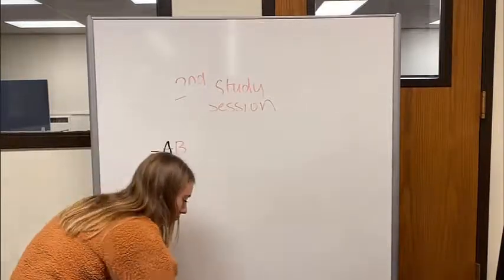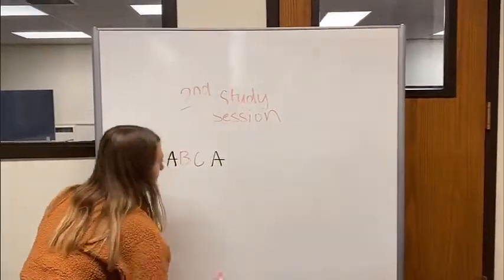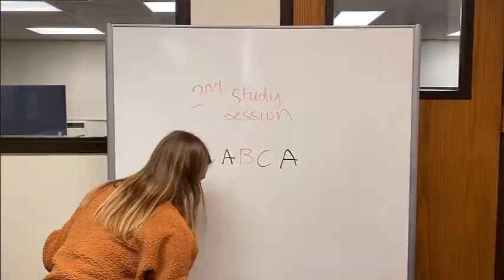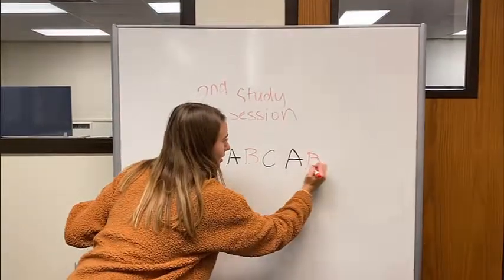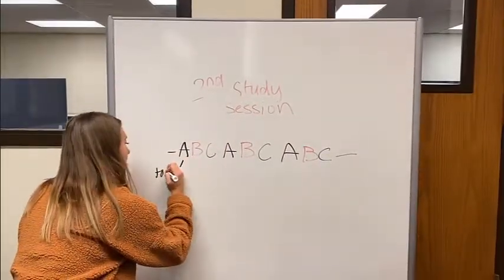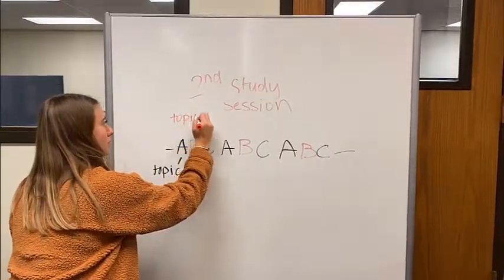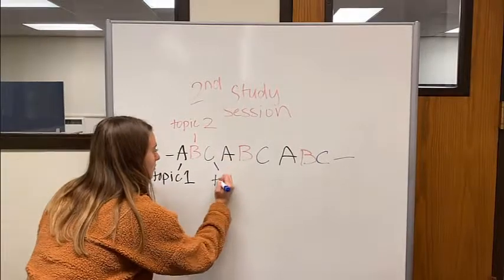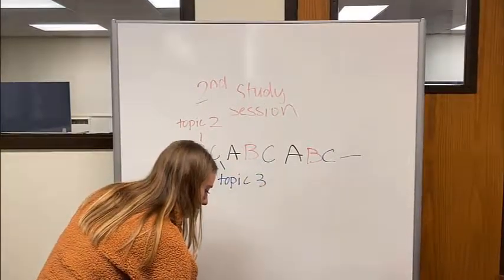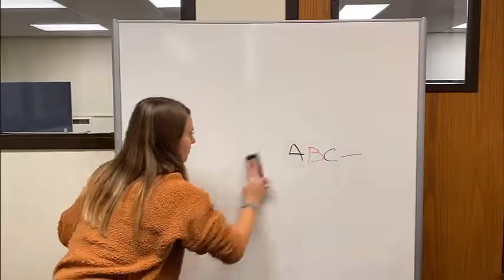So for this one, they're going to split it up into topics 1, 2, and 3, and they're just going to keep focusing on those topics, but they're going to go from topic 1 to topic 2 to topic 3 instead of going topic 1 all the way through, then topic 2, then topic 3. So this is more of just taking bits and pieces of all your classes that you take and breaking them down into subcategories and studying those subcategories all throughout the study session.